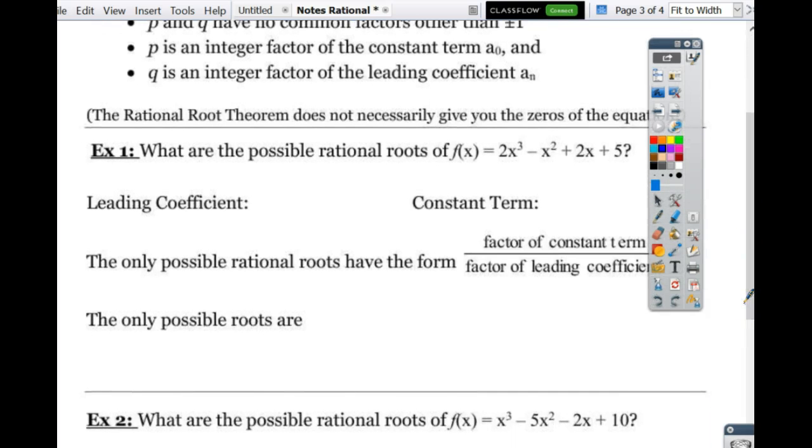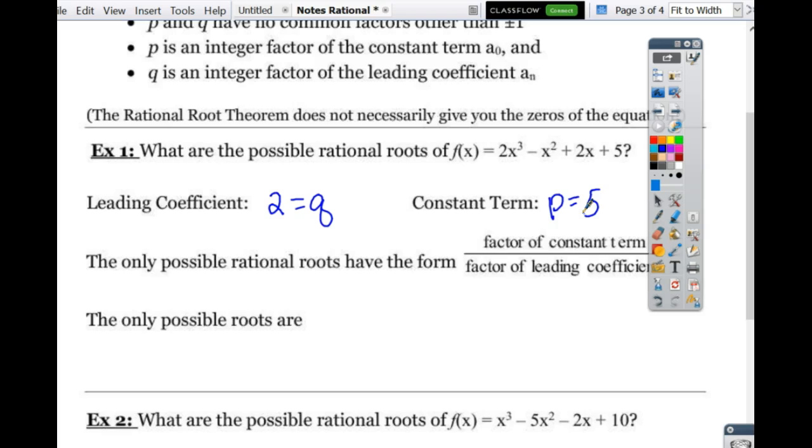What is the leading coefficient here? 2, and Q is the leading coefficient. And the constant term is 5. To find the total number of factors, we want the factors of the constant term divided by the factors of the leading coefficient.